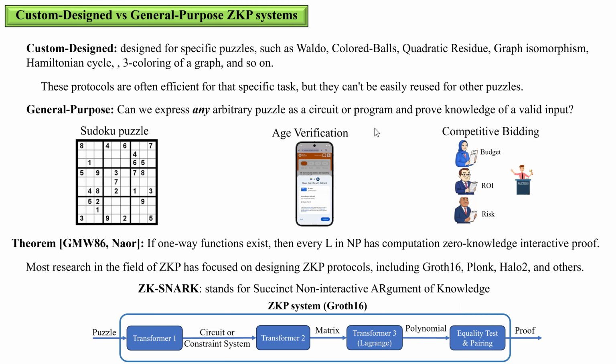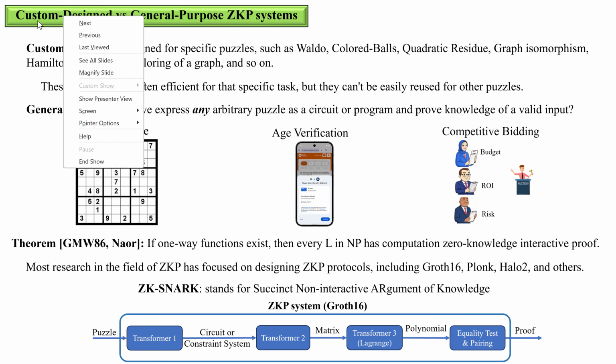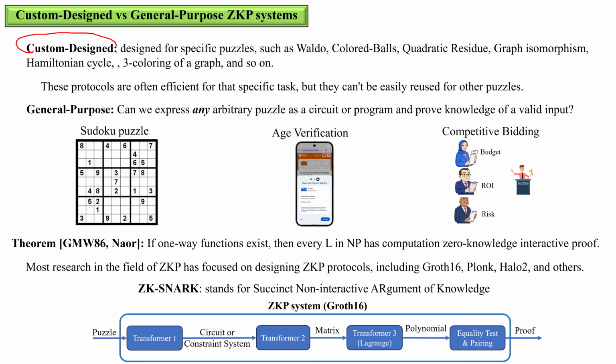Now let's review our discussion in the first lecture. You remember in the first lecture, we discussed that there are custom-designed and general-purpose ZKP systems, right? The custom-designed ones, like Where's Waldo, and the color bulb and those ZKP systems.